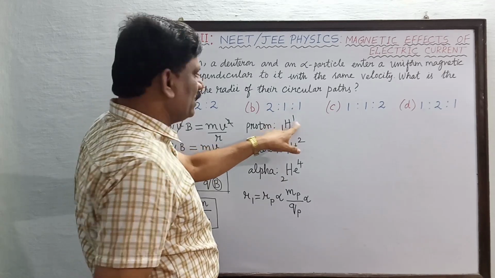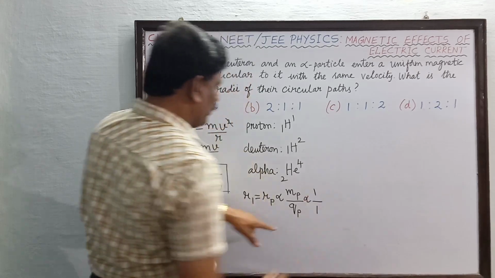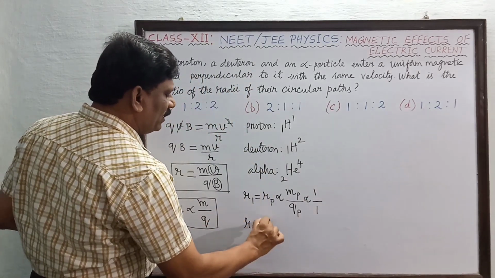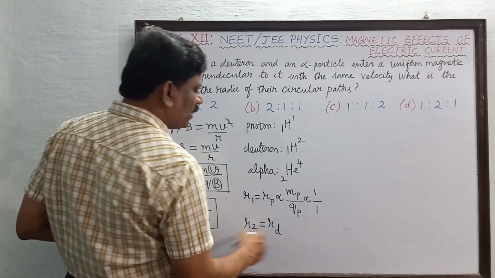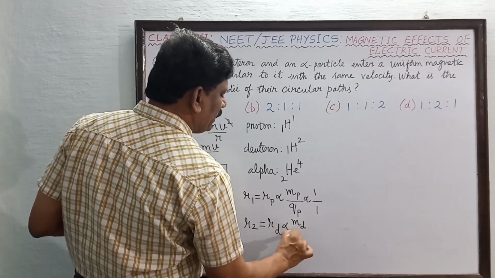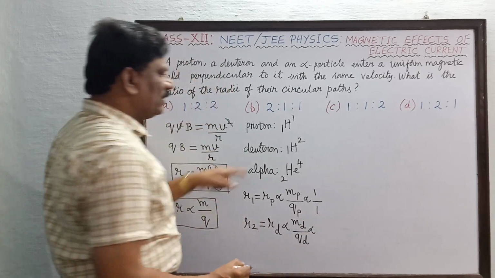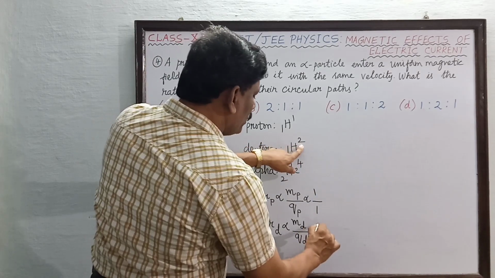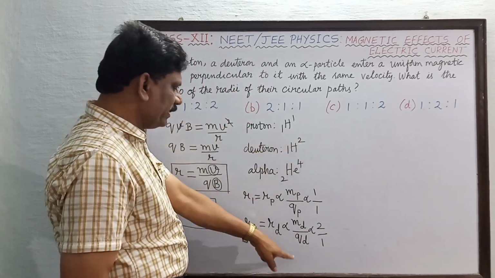That is 1 unit divided by 1 unit, so this is equal to 1 by 1. Similarly, I will take the radius of the orbit of the deuteron as Rd, denoted as R2. This is proportional to the mass of the deuteron divided by the charge of the deuteron. The mass of the deuteron is 2, so this is equal to 2 divided by 1.